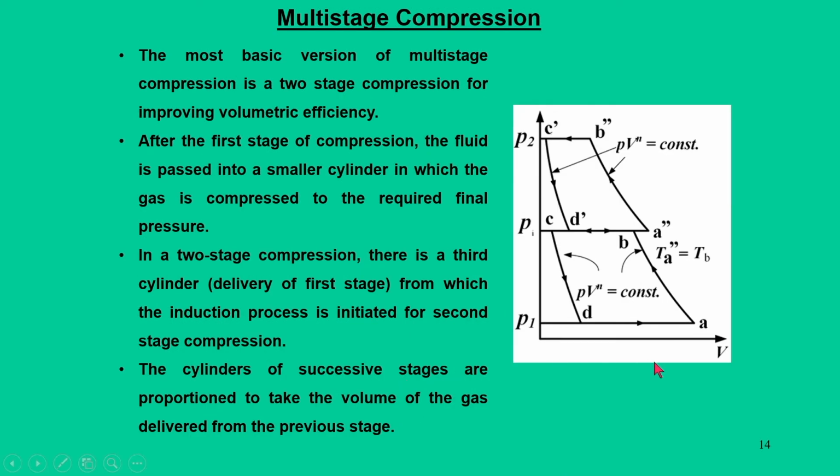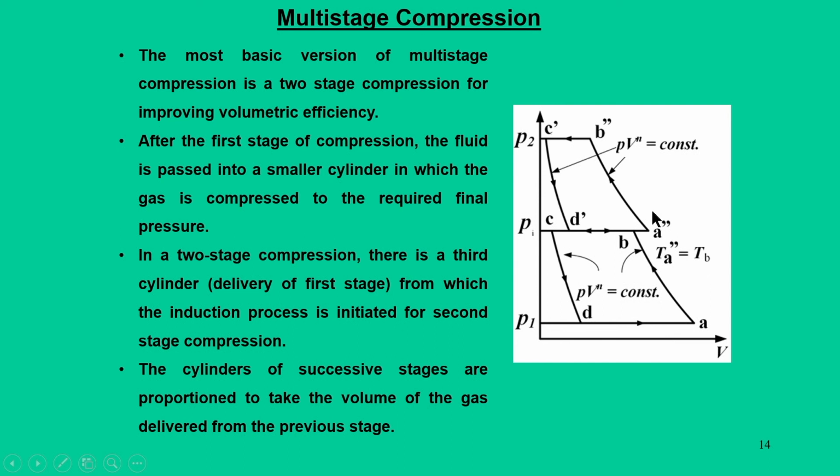Now, the most basic version of multi-stage compression is two-stage compression. If you want to go for a compression process from P1 to P2, in the first stage we can go through the cycle A, B, C, D, but during this compression process your temperature also increases.